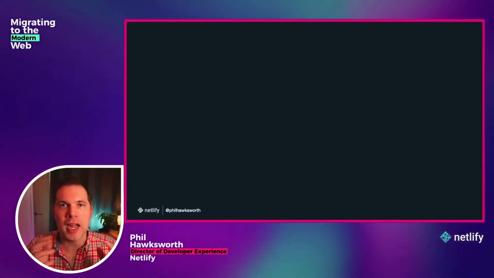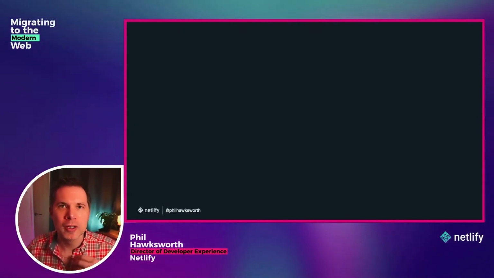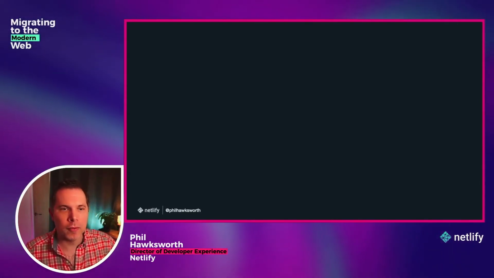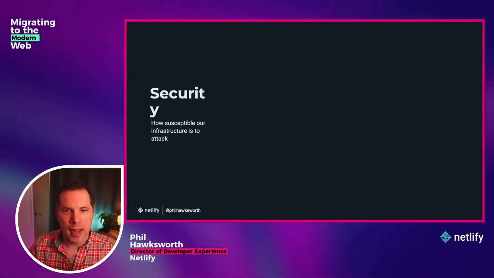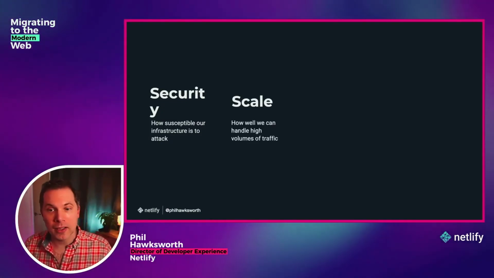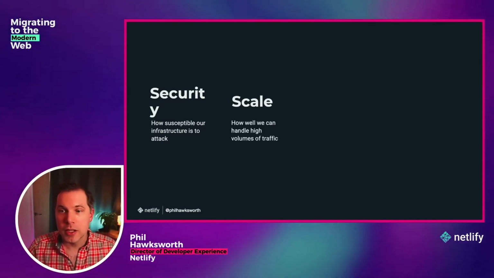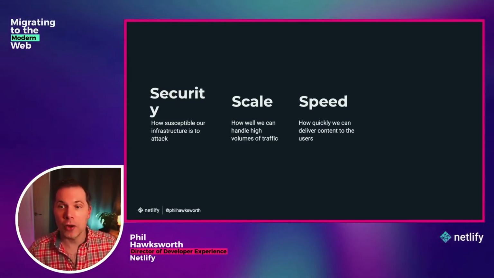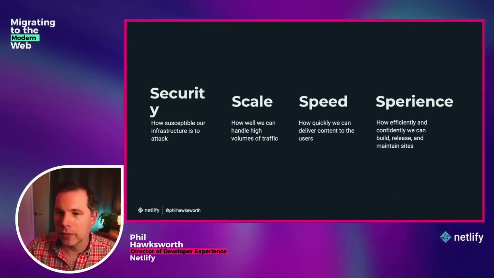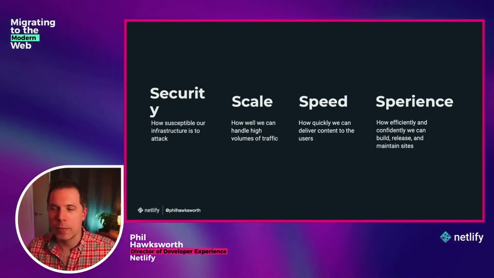But maybe some more tangible and more easily recounted benefits. Let's talk about 4 others. We'll talk about security, how susceptible our infrastructure is to attack; scale, how well we can handle high volumes of content; speed, how quickly we can deliver content to the users; and the 4th S, experience, how effectively and confidently we can build, release, and maintain sites.